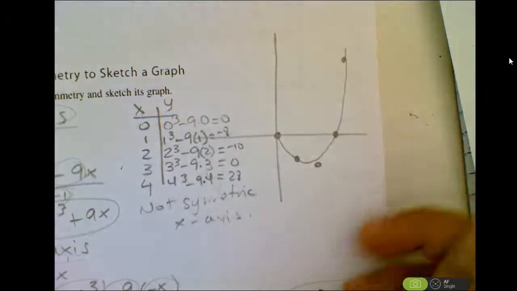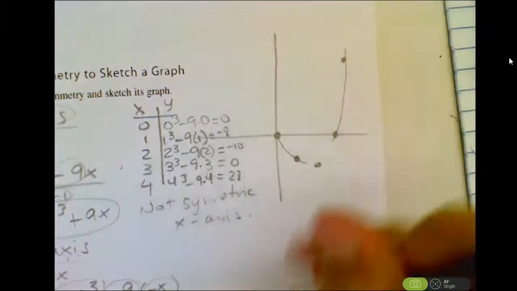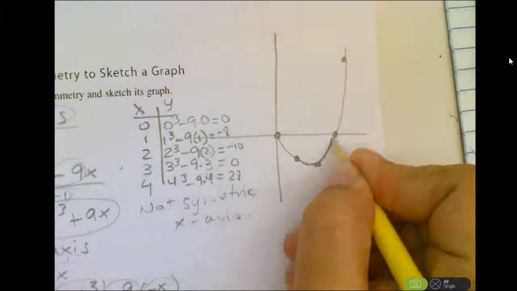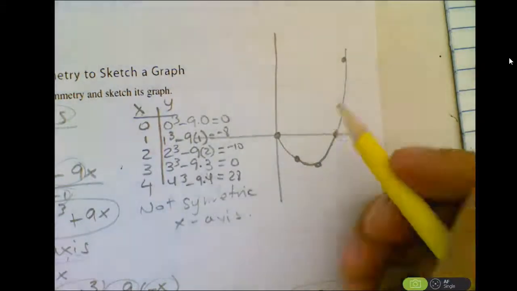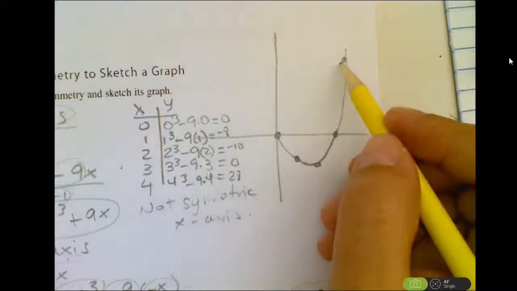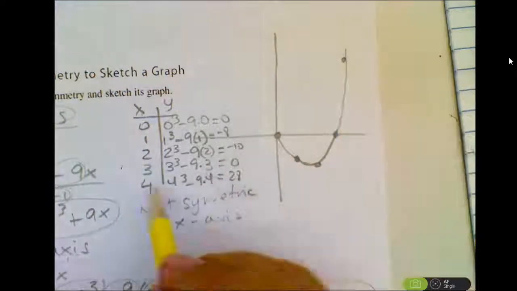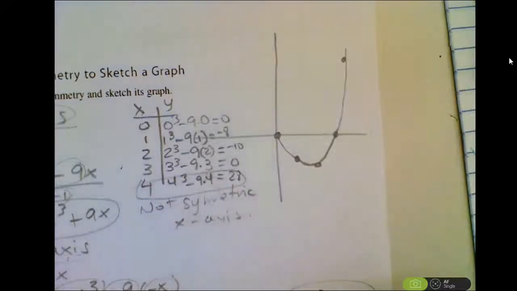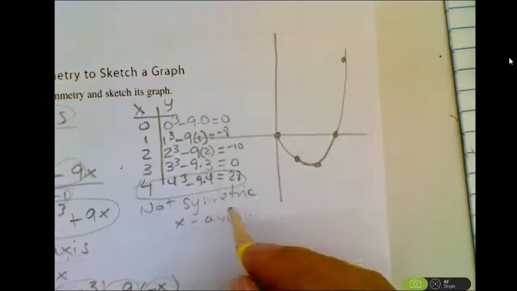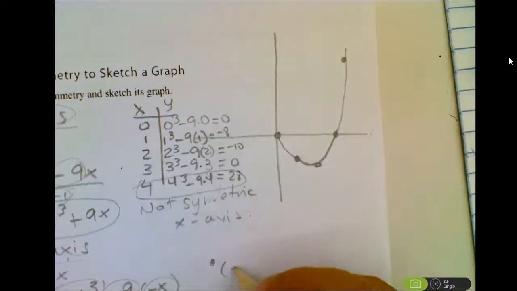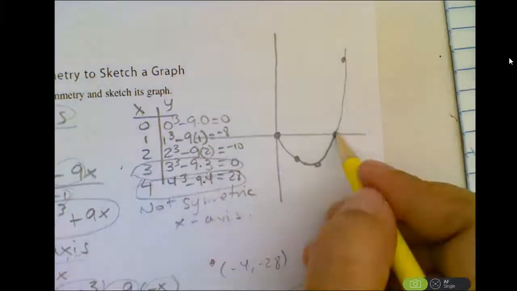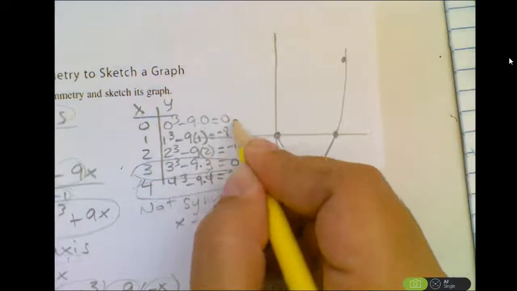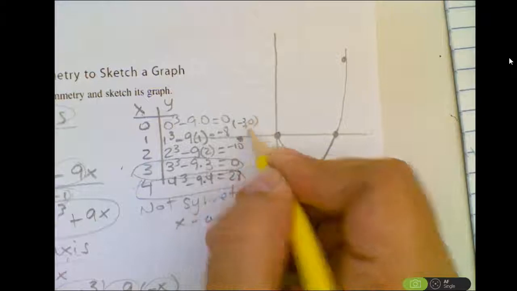Now, since I know that it's symmetric around the origin, then the only thing I have to do is find out what are the inverses of those. So if I know the point 4, 28 belongs to the graph, I know the point negative 4, negative 28 belongs to the graph. If I know the point 3, 0 belongs to the graph, I know negative 3, 0 belongs to the graph.